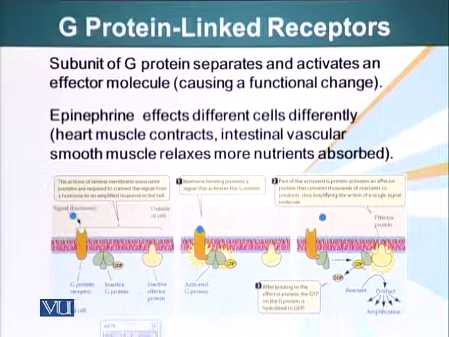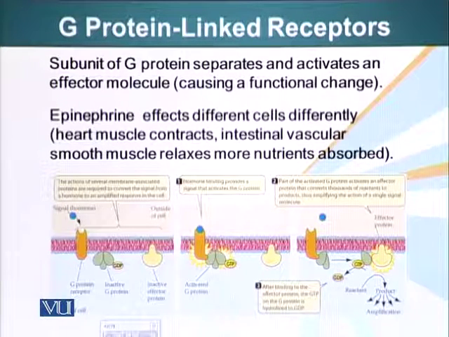For example, epinephrine receptors on the heart muscle cell cause more forceful contractions of the heart. In intestinal blood vessels, the smooth muscle relaxes and it causes more nutrients to be absorbed. In lungs, the smooth muscles relax, allowing more air intake, resulting in more oxygen absorption, which is made available to the other cells in the body.